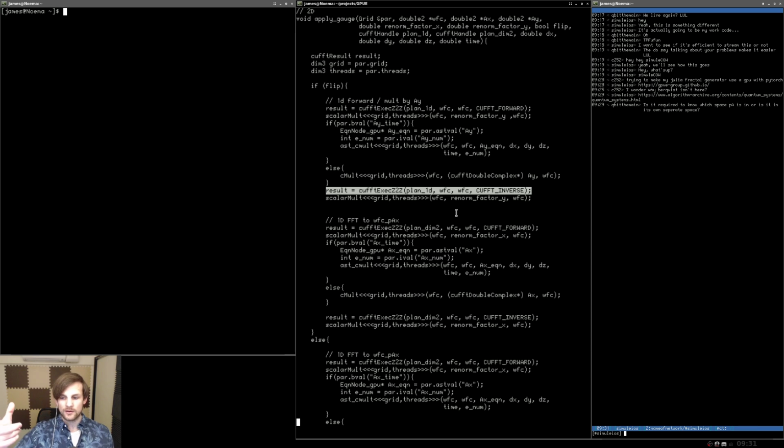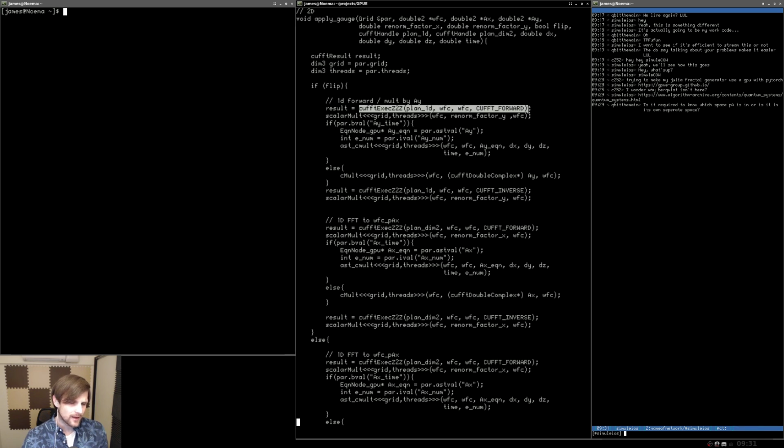So if you transform along the wrong dimension, like for example, if you were to transform along the y dimension and then multiply by the x operator, it just screws up the entire simulation. Now, one thing to note here, which is actually very interesting and something that I need to look into, for some reason, our QFFT exact Z to Z function, our plan 1D function here, this should be along the x dimension, but the simulation only works when we multiply along with the Ay.